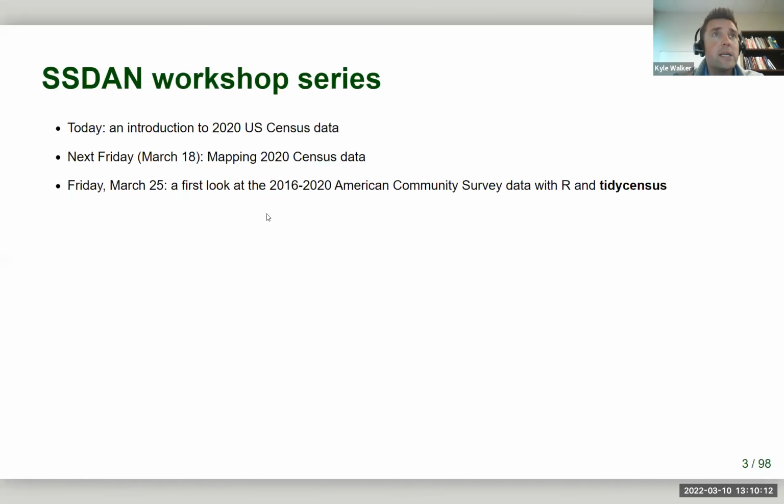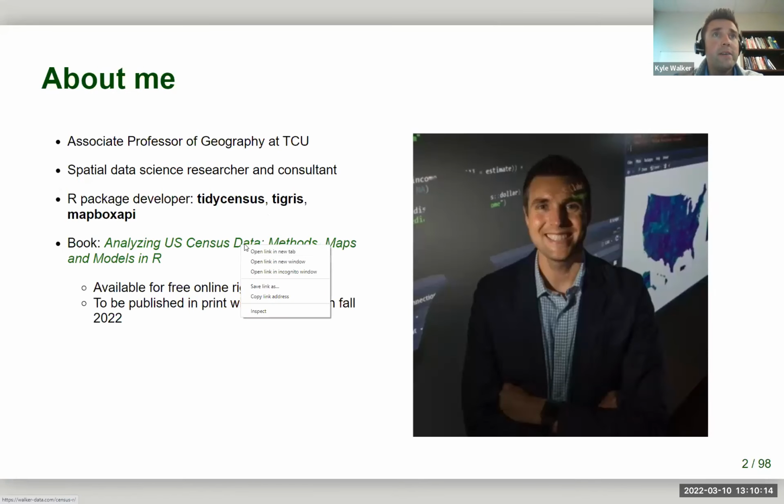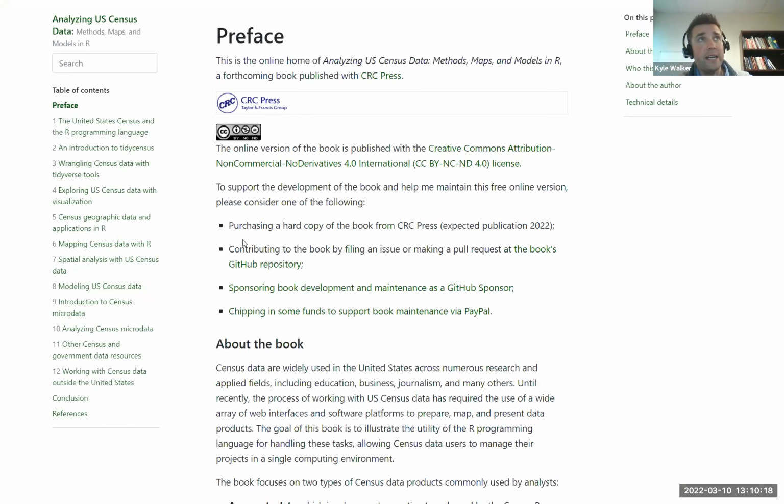Like way back. So if you follow that link, you'll find my book. This is Analyzing US Census Data. You'll notice a lot of the examples we're talking about today are expanded upon or sort of replicated in chapters in the book.